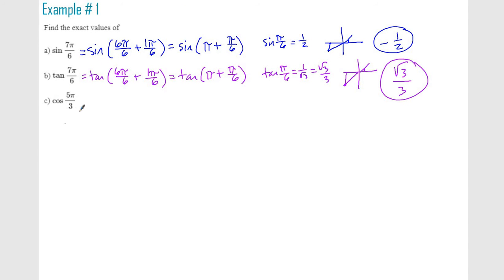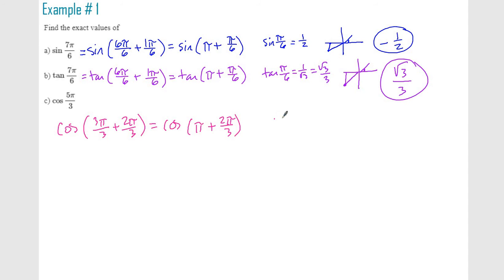All right, let's do another one. So cosine, I would do 3 pi over 3 plus 2 pi over 3. So again, that's just cosine of pi plus 2 pi over 3. We could do it with subtraction, but I think it's easier as addition, just visually easier for me.